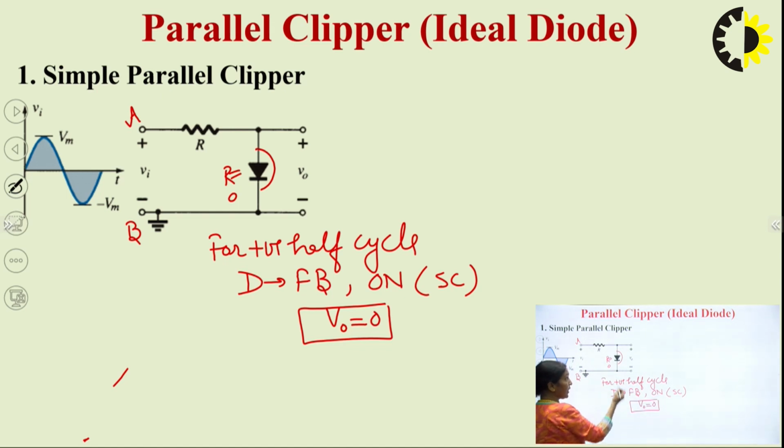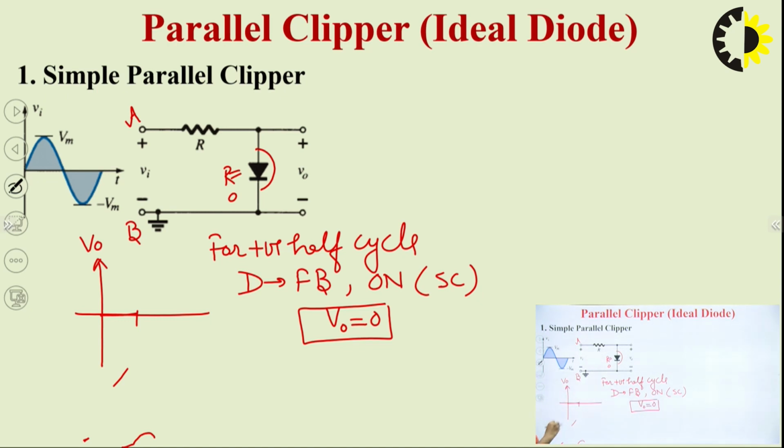If the voltage across this load is 0, then the output voltage will also be 0, because in parallel the voltage is the same. So your output voltage will be equal to 0 for the entire positive half cycle. This is your output waveform.